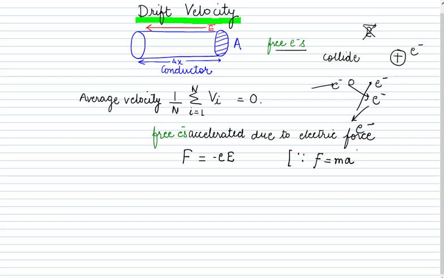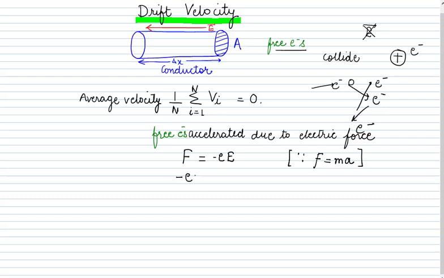And what is the general formula to calculate force? Force is always mass into acceleration. For electrons, the force working on them is the mass of the electron times the acceleration of the electron.